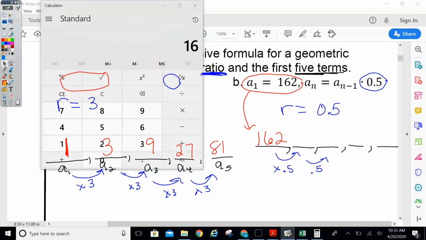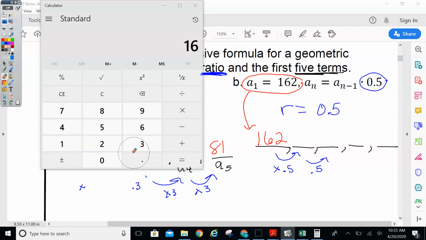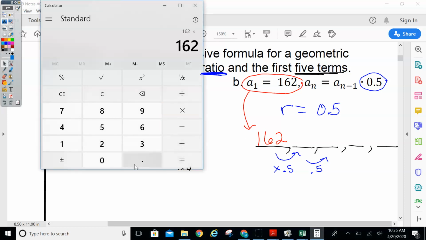Actually, let me delete all this other stuff. See if I can see it a little better. Okay, so over here, 162. And then I'm going to multiply that by 0.5. Or divide it by 2, whatever you want to think of it as. So here I'm going to get that that one is 81.